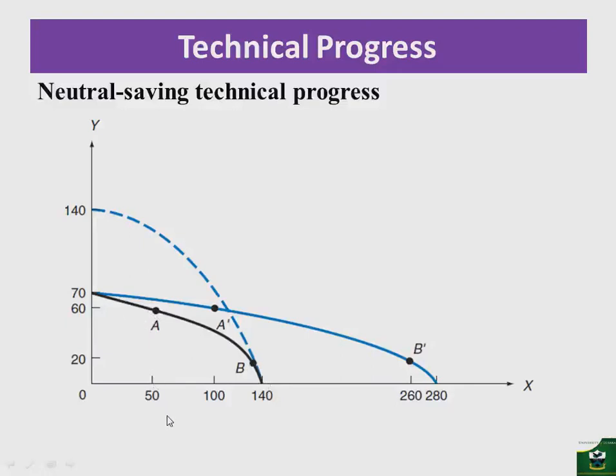And if the nation specializes in producing commodity X, it will move along the black frontier all the way to point B, and at point B, remember, this is 130 units of X which will be produced. And if labor doubles, and then the capital also doubles in the production of commodity X, meaning we have technical progress for all.